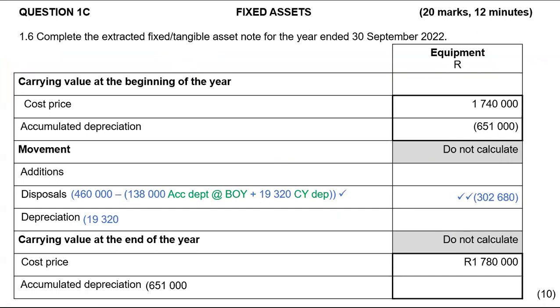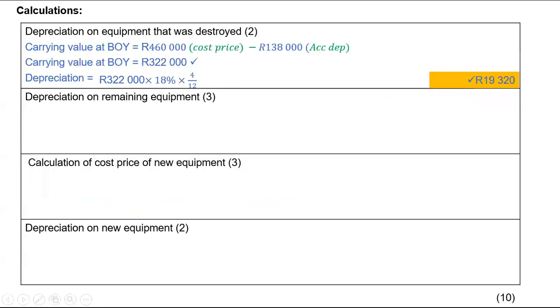And I said within. That's what you guys love saying. We are within. But you don't know what that means. Within means you are in there. Within that 1,740,000, there is the cost price of that equipment that was destroyed. We need to take it out. When you take the total cost price and minus the cost price of the equipment that was destroyed, you will be left with the cost price of the equipment that we still have that was not destroyed.